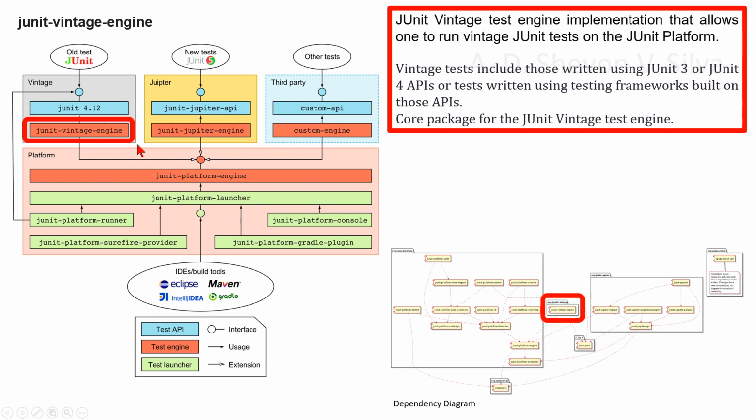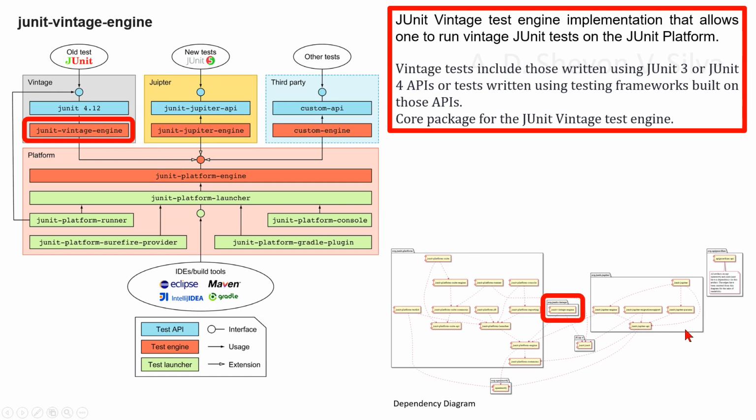The JUnit Vintage test engine is an implementation that allows one to run Vintage JUnit tests on the JUnit platform. Vintage tests include those written using JUnit 3 or JUnit 4 APIs, or tests written using testing frameworks built on those APIs. This is the core package for the JUnit Vintage test engine.